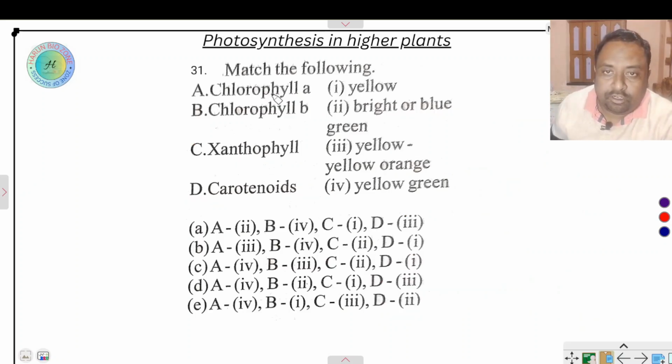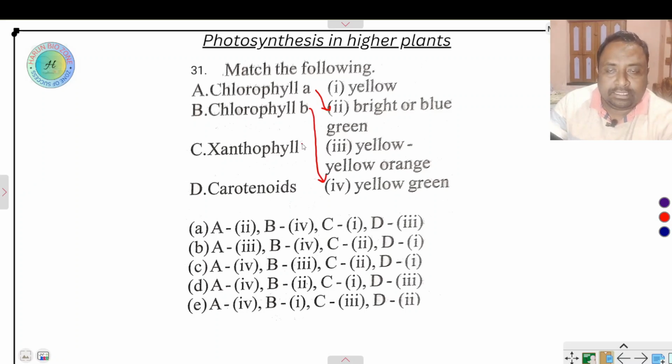Match the following: chlorophyll A, chlorophyll B, xanthophyll and carotenoid, and their colors. The first, A, is chlorophyll A. Chlorophyll A is bright or blue green in color. Chlorophyll B is yellow green in color.